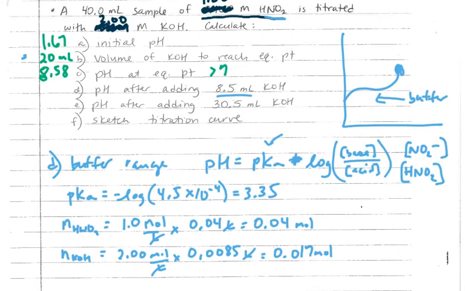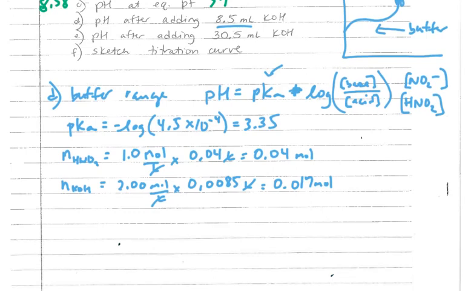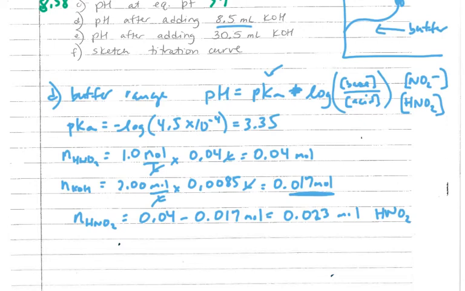So the moles of HNO2 that we have at this point is 0.04 minus 0.017 moles, which is 0.023 moles of our HNO2. All right, and for every mole of acid that we neutralize, we make that many moles of base.